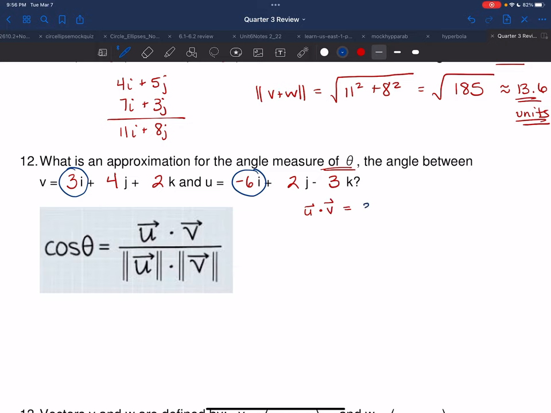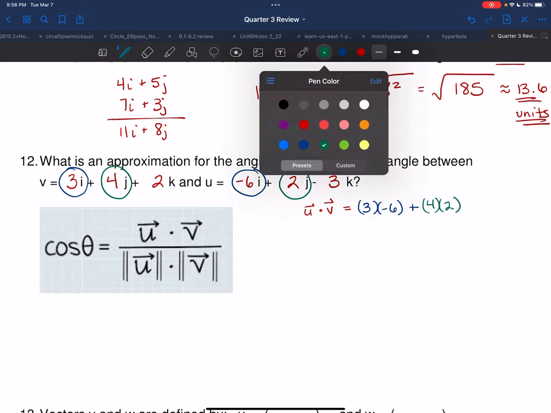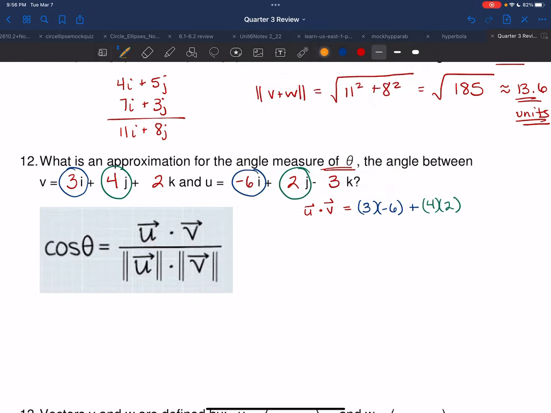So that's going to be 3 times negative 6 plus, now I'm going to add together my j's. 4j and 2j. So it's 4 times 2. And then we'll do orange. Hopefully that shows up. And then I want 2k, and then do you see that negative right there? I'm going to multiply that with my 3. So 2 times negative 3.